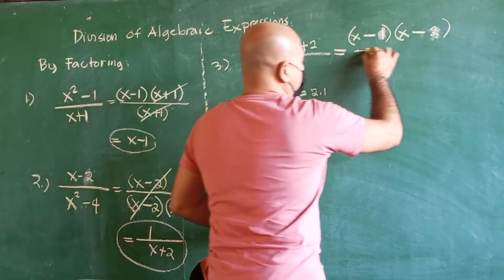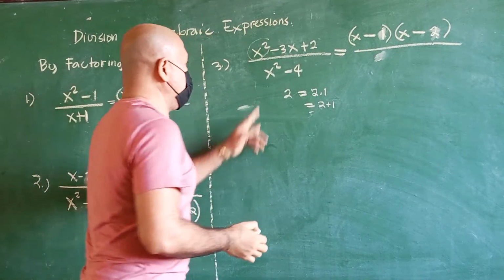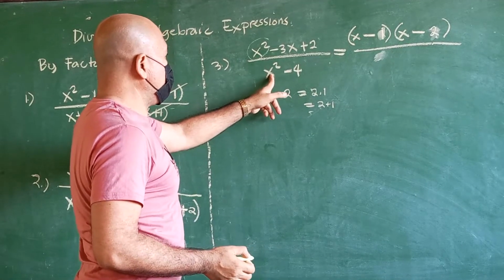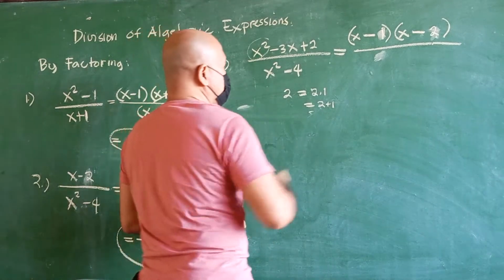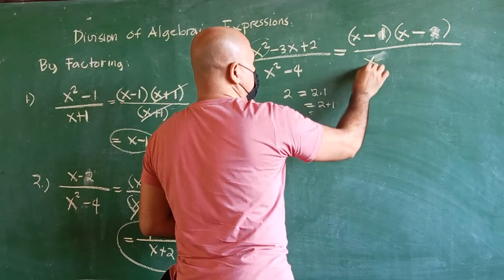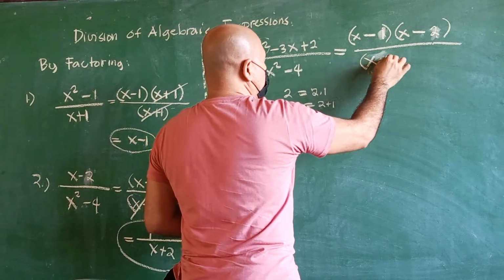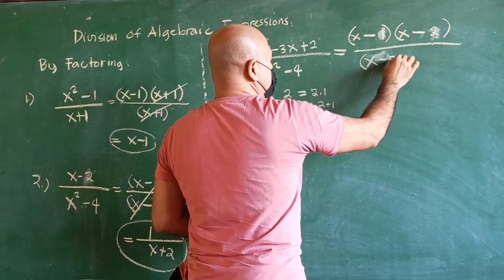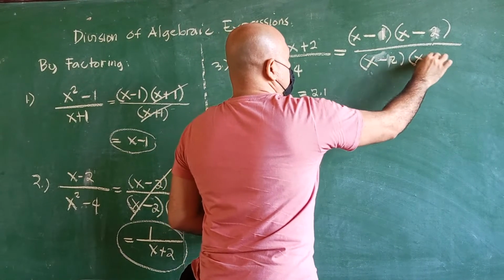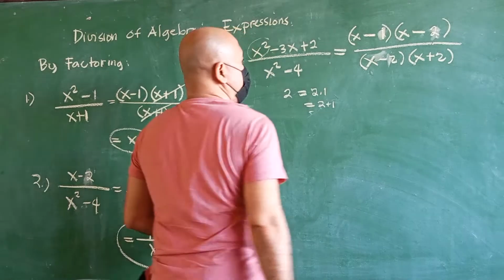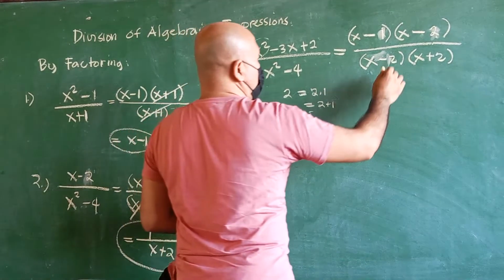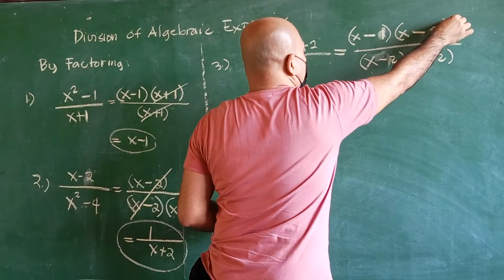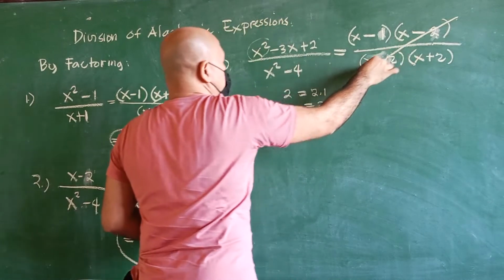And then, it is already given that x squared minus 4 is a difference of two squares, so the factors are x minus 2 and x plus 2. And then look for the common factor. The common factor here is x minus 2.